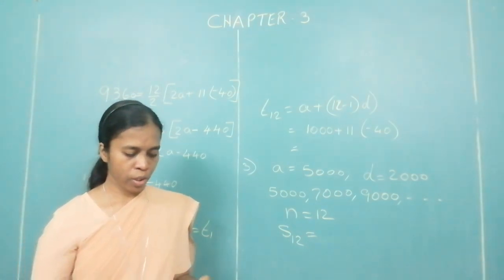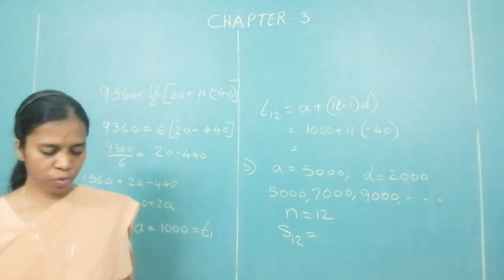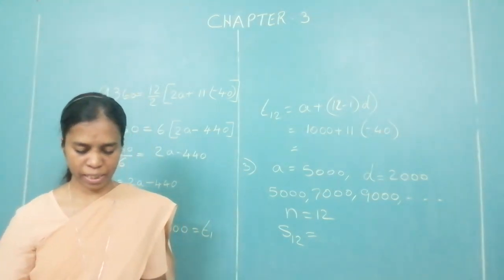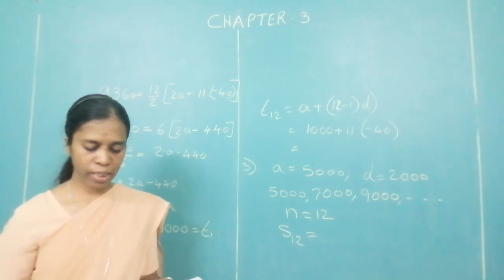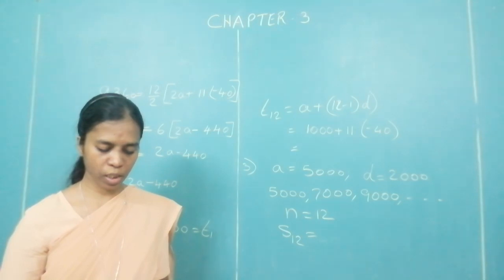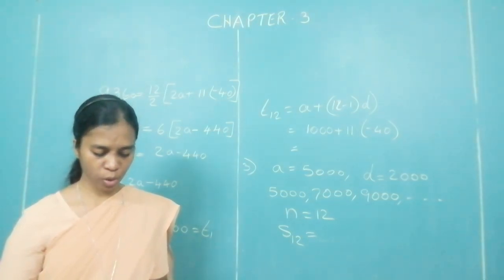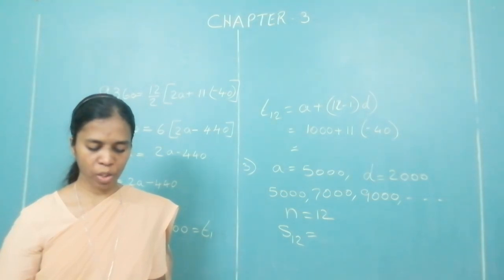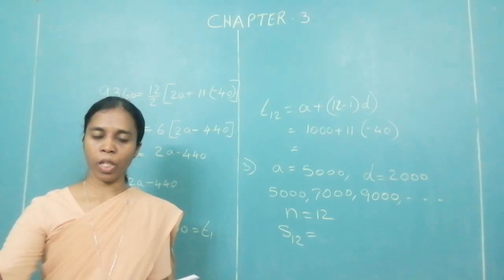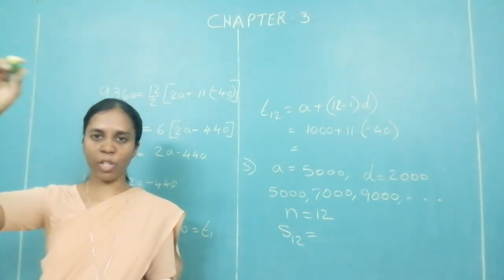Look at question number 4. There is an auditorium with 27 rows of seats. There are 20 seats in the first row, 22 seats in the second row, 24 seats in the third row, and so on. Find the number of seats in the 15th row and also find how many total seats are there in the auditorium. Can you imagine it is an auditorium? How many rows are there? 27 rows.